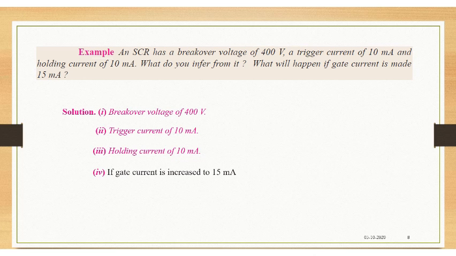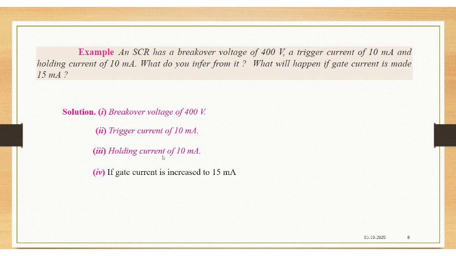Okay. Now if my anode current, the SCR current, falls below this 10 milliamps, then the SCR will turn off.